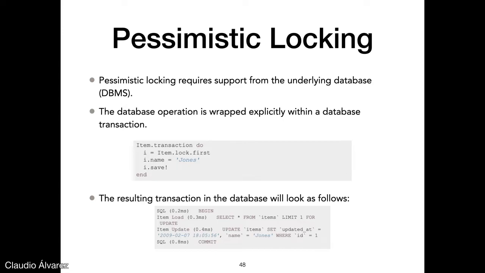So pessimistic locking depends on the database management system capabilities. Here we got an entire market of different database management systems. Many of the ones used in production systems will support transactions.